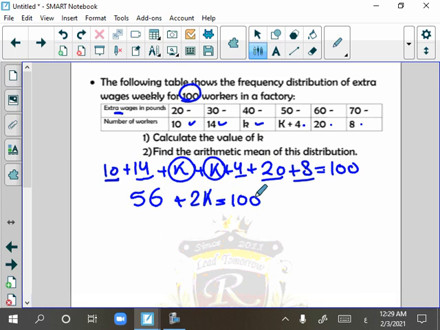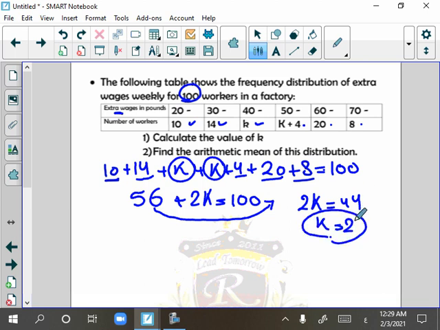When we subtract 56 from both sides, 2k equals 44, then k equals 22. Okay, then in the table we change k to 22, and we change k plus 4 to 26.